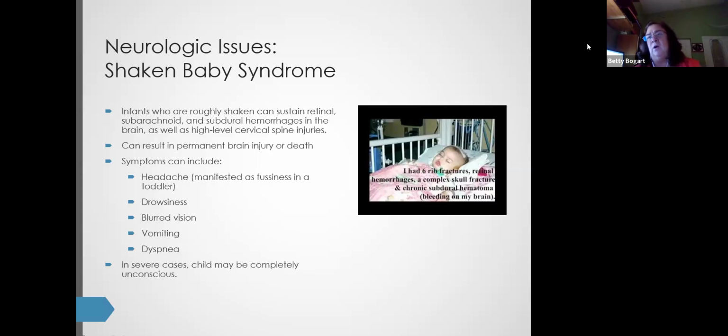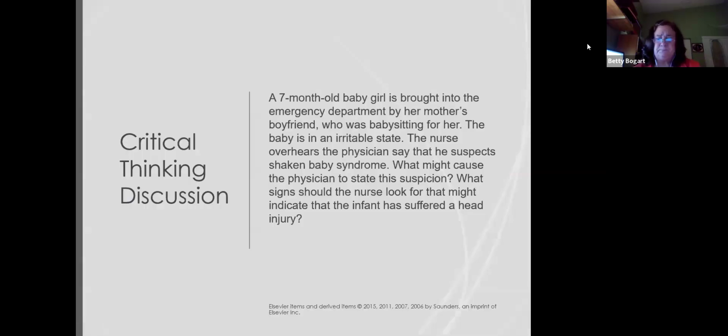They're drowsy, they don't want to wake up. Blurred vision is hard to detect in the younger child, but vomiting is something you can see, and then you can see if they're having difficulty breathing, dyspnea. In cases where they've had a really severe shaken baby syndrome, sometimes they're completely unconscious, and you're going to figure out what happened here.